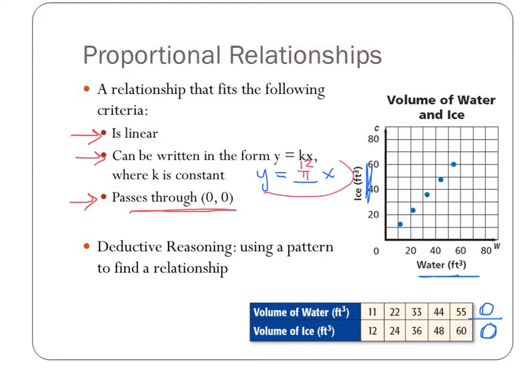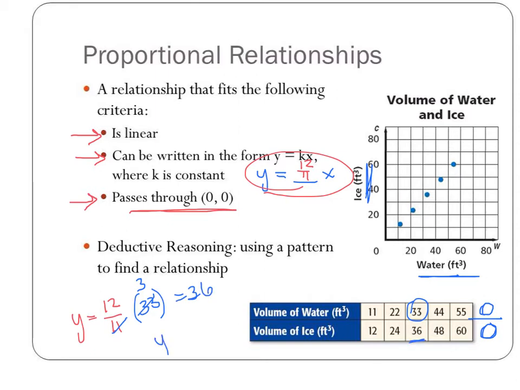So if that's my equation, then when I put in a number, let's say we put in 33, the question is, does this give me 36? Well, that would reduce to 3, and 12 times 3 is 36. So yes, that gave me 36.